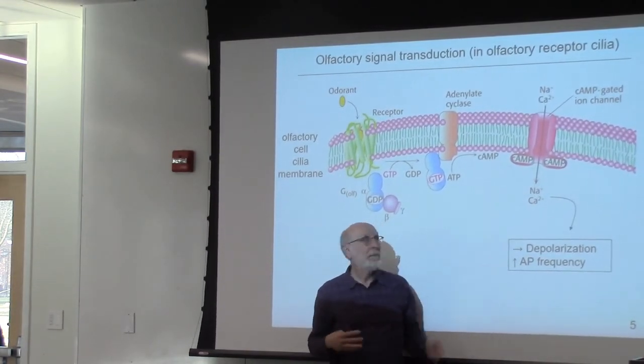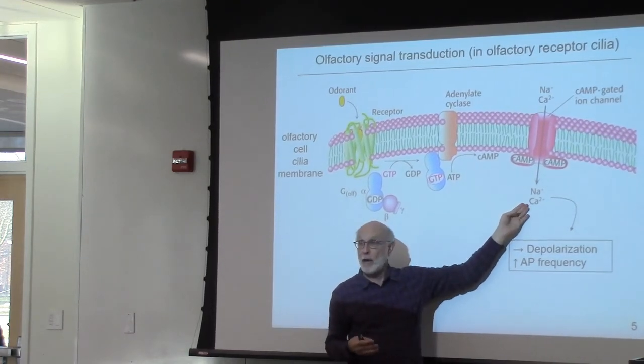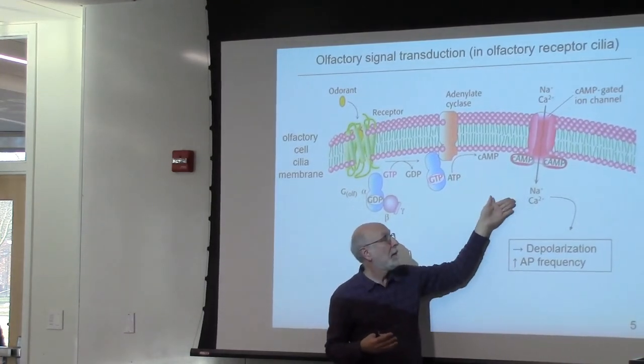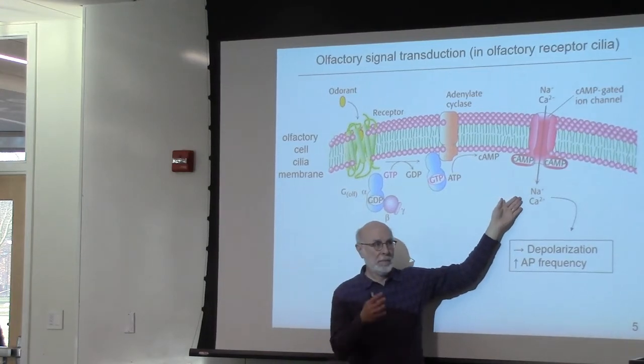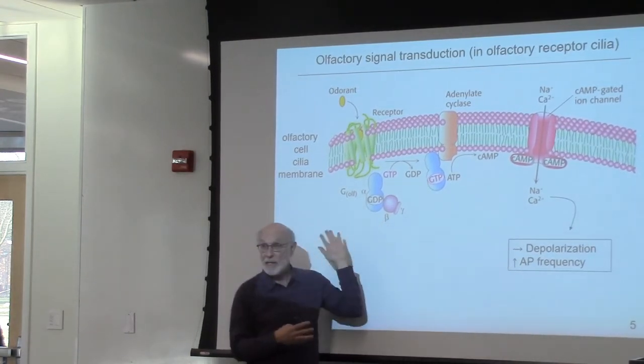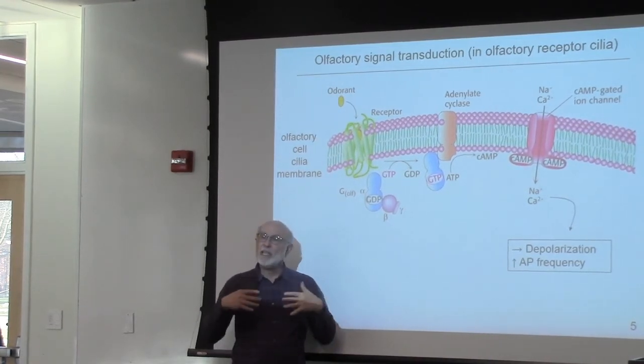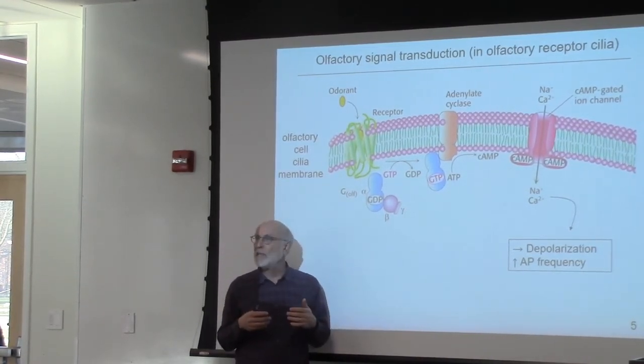A cyclic AMP-activated ion channel. The ions are cations, and they flow in. You know what that does. That causes a depolarization of the cilia. Remember, we're in the cilia. Depolarization of the cilia. That depolarization migrates to the rest of the cell.